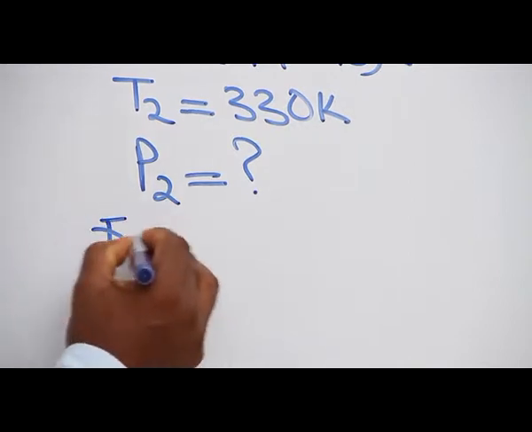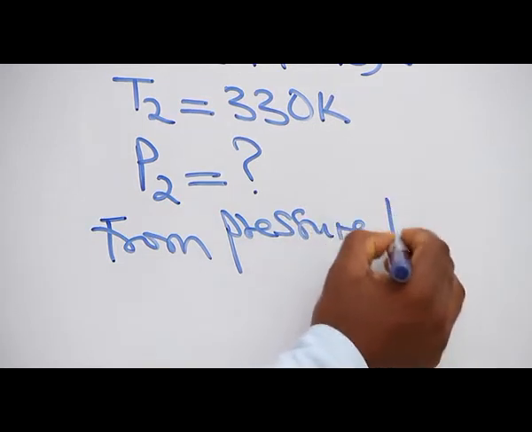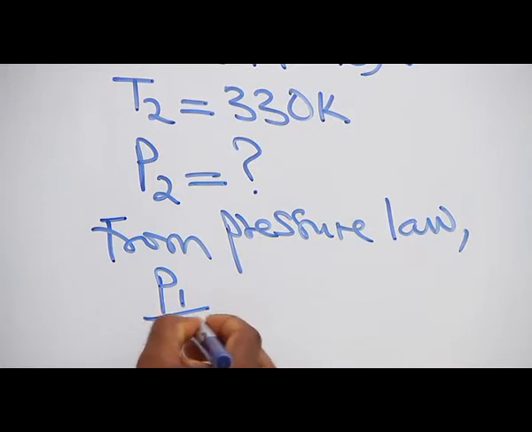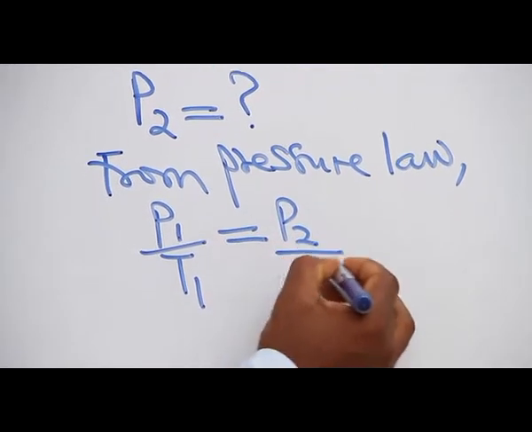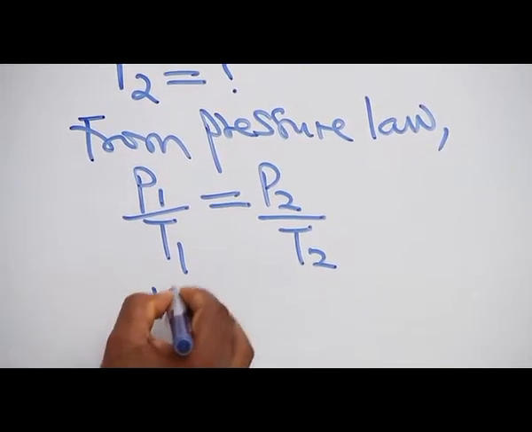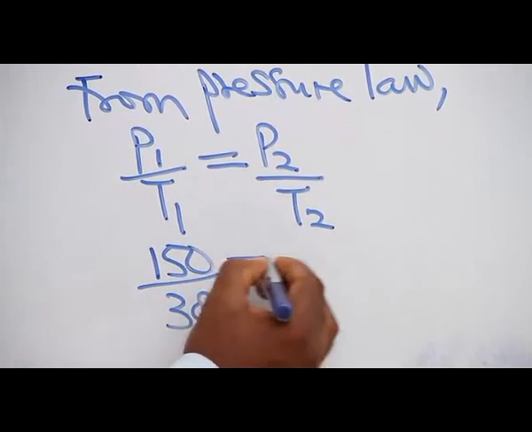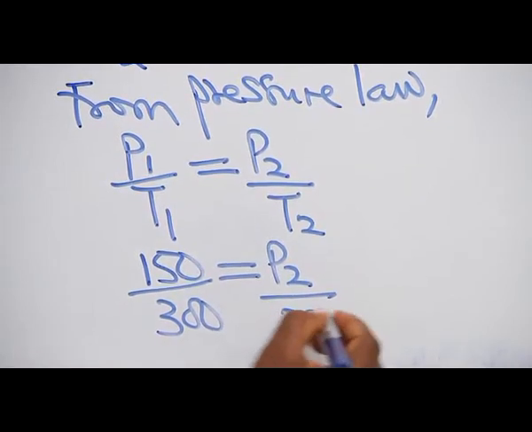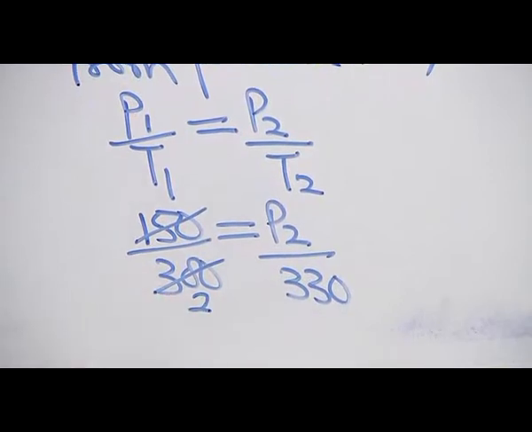From pressure law, P1 over T1 is equal to P2 over T2. P1 is 150, T1 is 300, equal to P2 over 330. 150 here, 150 here, divided by 2.